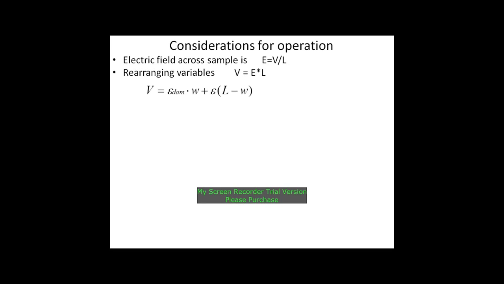We also know that there are two different electric field values: the average electric field across the material, and the slightly higher electric field across the very thin domain thickness. The thickness of that domain is given by W, so everywhere not in the domain is given by L minus W.